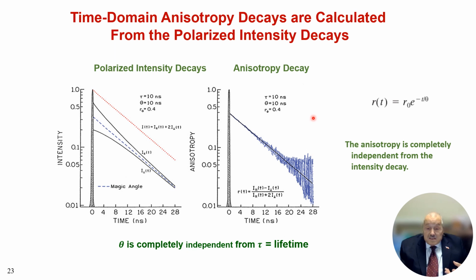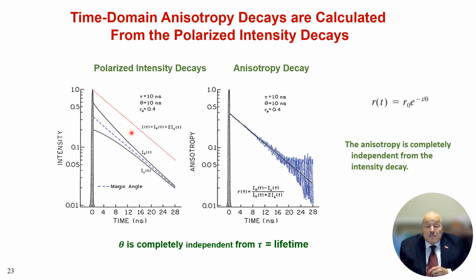So in the steady state domain, we already showed you how it's done. In the time domain, we look at the decays of the parallel component and the perpendicular component for these assumed values here. Total intensity, here, is I parallel plus 2I perpendicular.